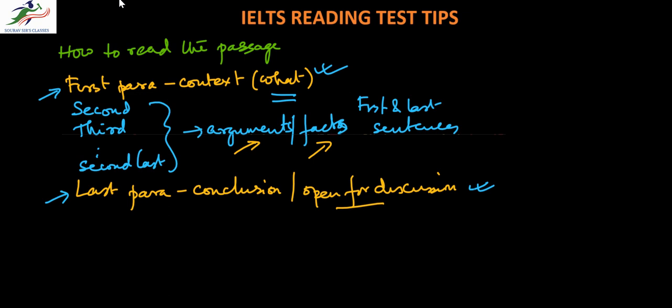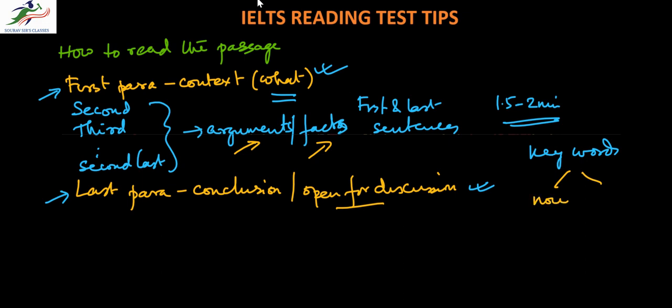And this should not take you more than 1.5 to 2 minutes. And while you are doing this, note down the keywords. And these keywords would be only nouns and verbs. There's nothing else that needs to be noted down.